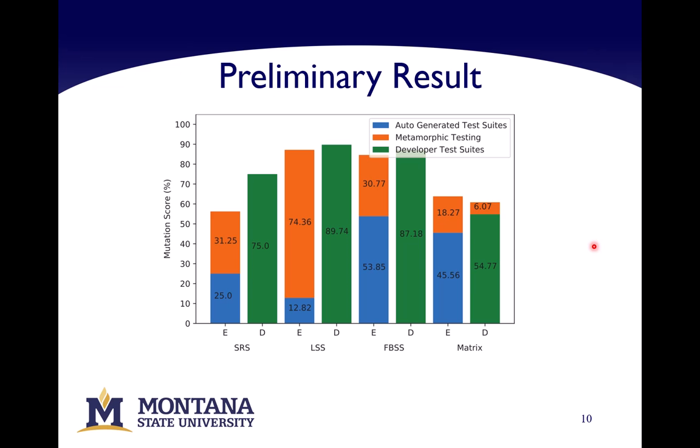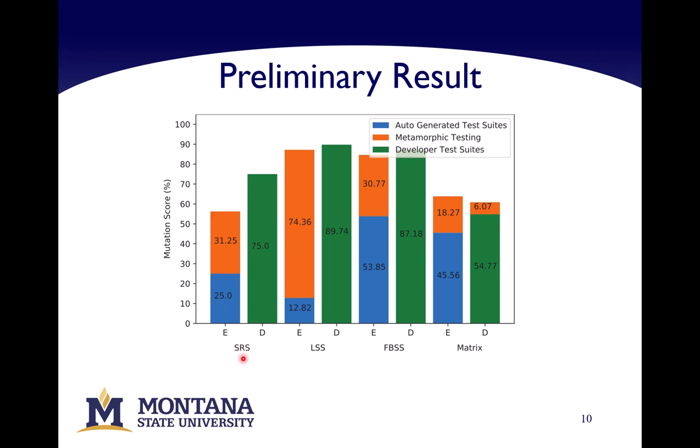We collected some preliminary results from our experiment. In this figure on the x-axis we have 4 different classes, and on the y-axis we have mutation score in percent. In the automatically generated test suite, we have combined line, branch, and weak mutation coverage together.